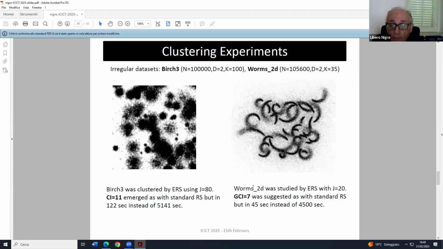Similarly, in the case of worms 2D, we make an error of 7 partitions over 35, and this is the best value in the literature. In the literature, it was also greater than 7, and we achieve this value with respect to standard random swap in very, very few time. So this is an indication about a comparison of the performance of our tool with the similar, competing tools which are available in the literature. Thank you.